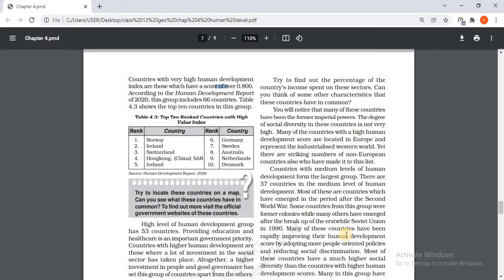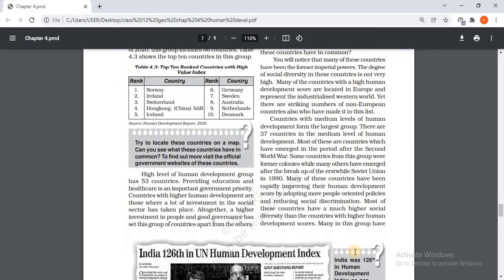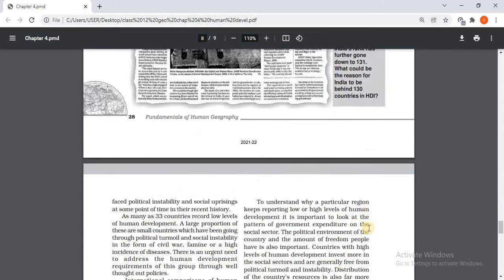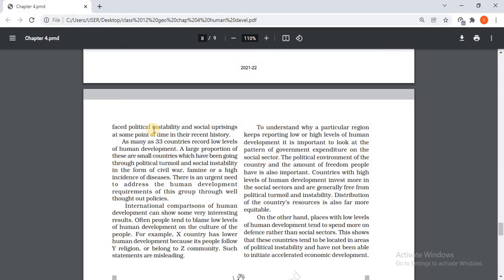Many of these countries have been rapidly improving their human development score by adopting more people-oriented policies and reducing social discrimination. Most of these countries have a much higher social diversity than the countries with higher human development scores. Many in this group have faced political instability and social upsurges at some point of time in their recent history.